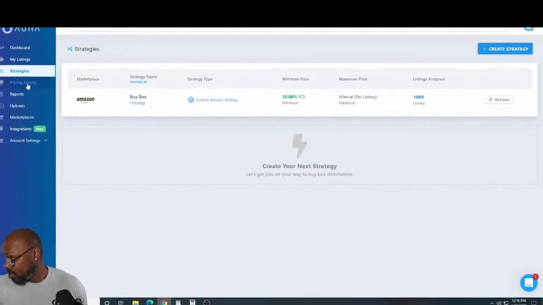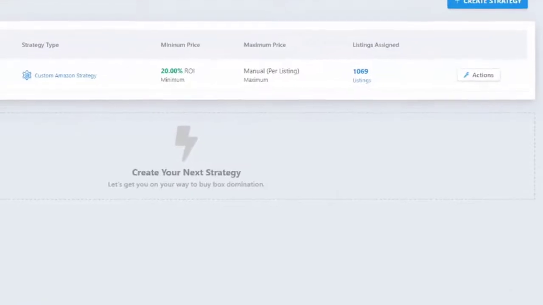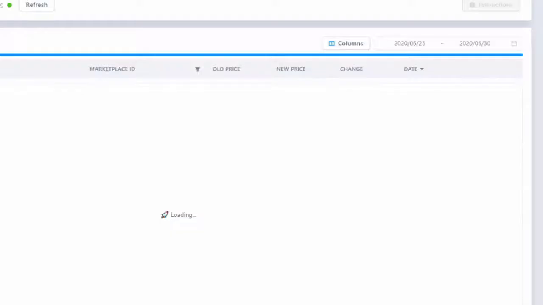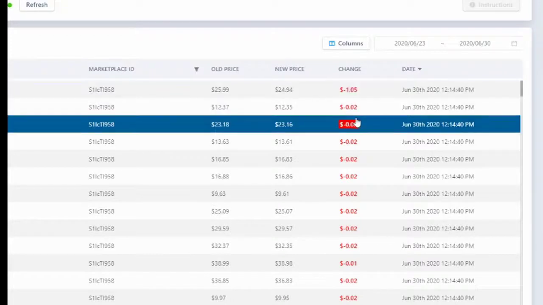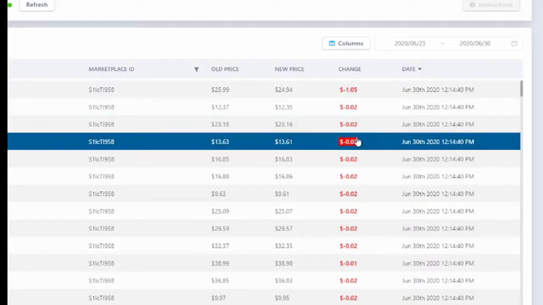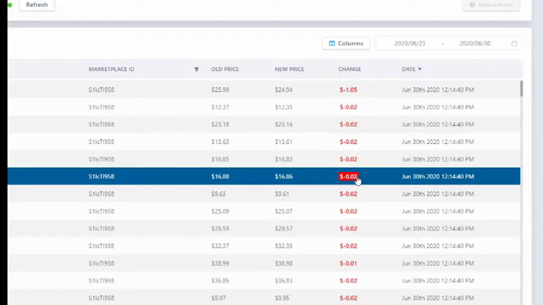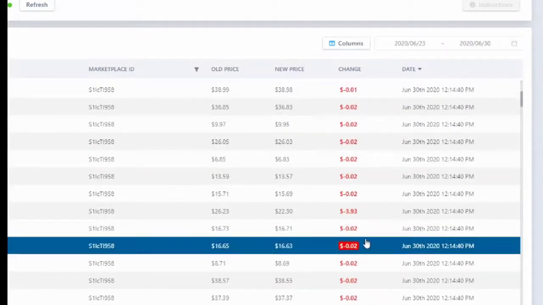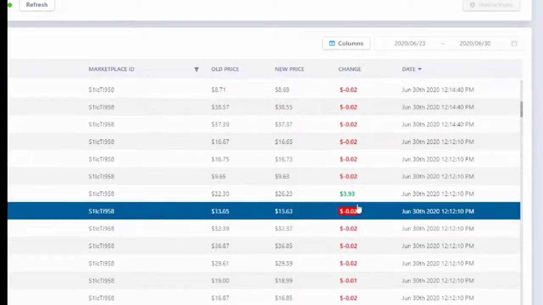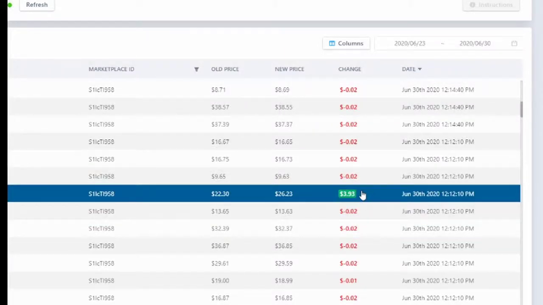This is where you can see how things have been moving. So here you can see the price changes. You can see that negative means it was dropping by a penny, by a couple of pennies. You can see all of these prices. And then look at this one. This one jumped up $3.93.